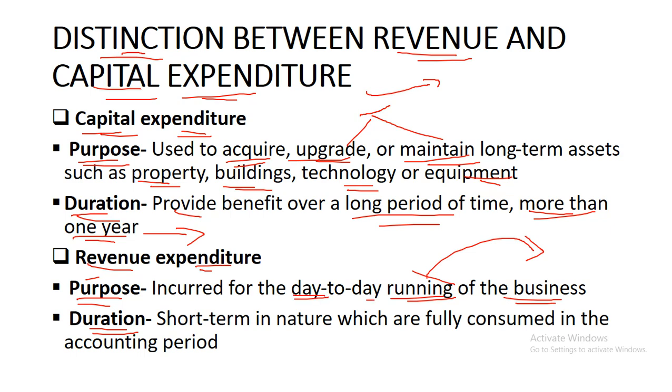Then duration, it's short-term in nature and it's fully consumed in the accounting period. So revenue expenditure is just 12 months or less, right? But capital expenditure is 12 months or more. So in an exam, you should be able to make a distinction between these two. And that way you can have some free marks.